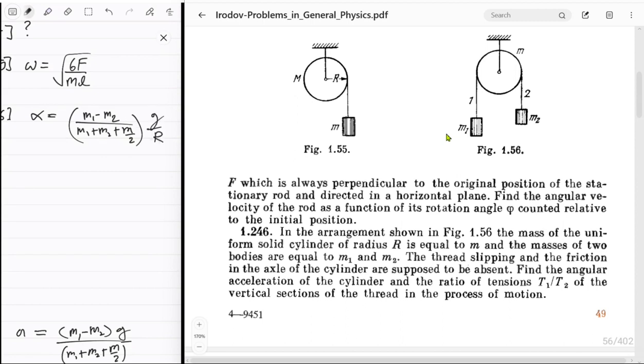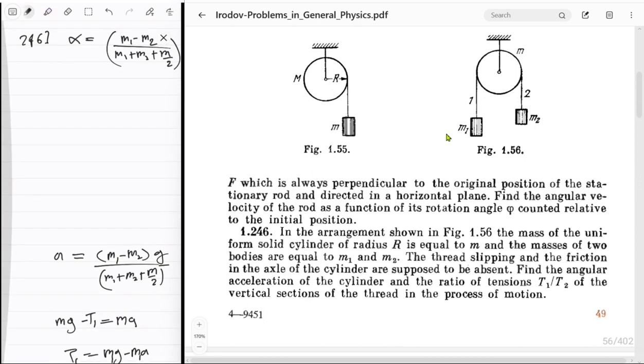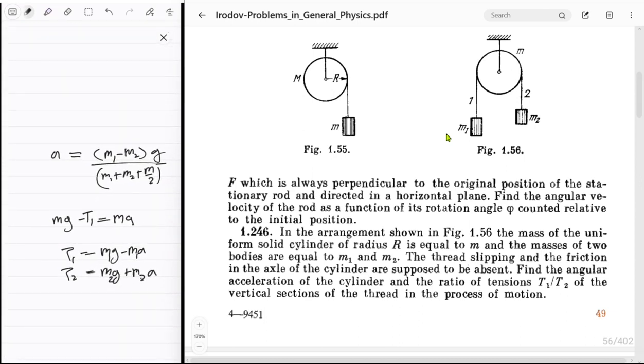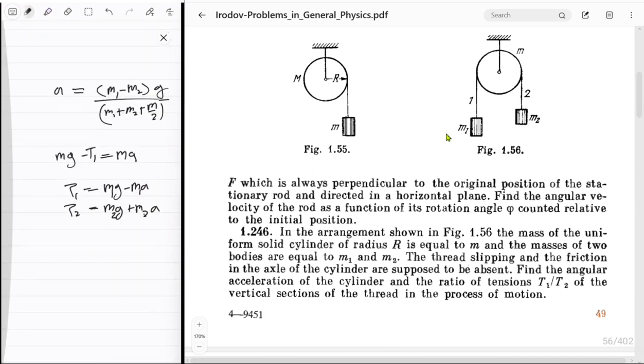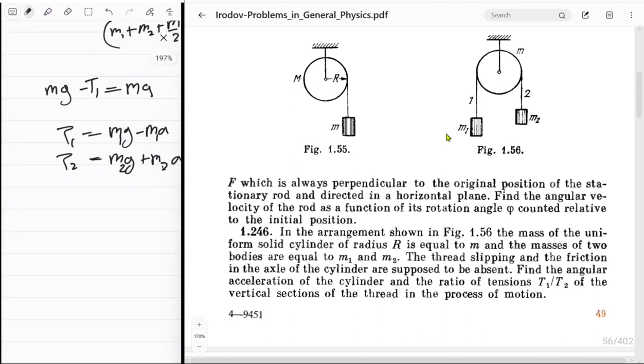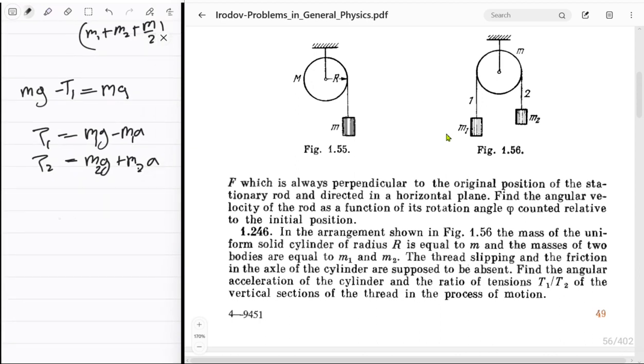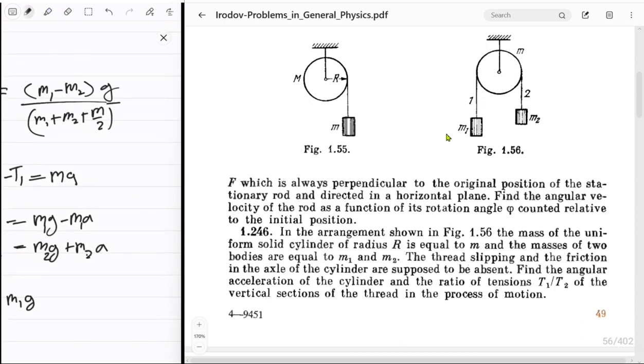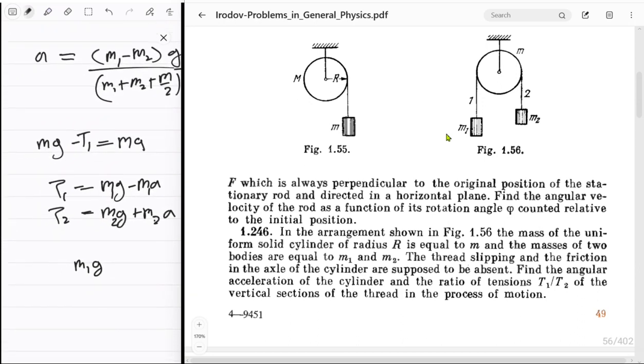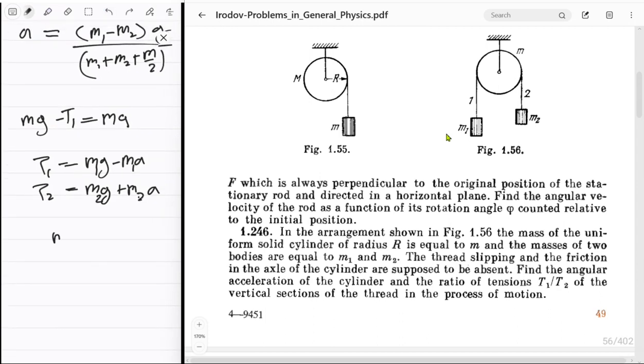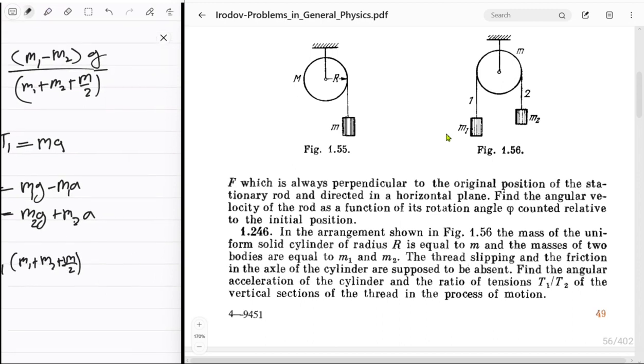All right. Yeah, and what else? T1 is this thing, T2 is that. You just want the ratio of these, don't you? So T1 upon T2 is going to be this thing upon that. Actually I have to maybe define some stuff first. Not really, those g's will cancel. We'll just say m1 times this denominator, so (m1 plus m2 plus m upon 2), minus m1 times the numerator, because you know, cross multiplication and everything.